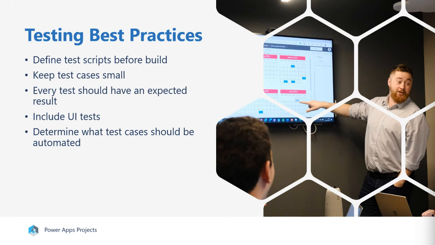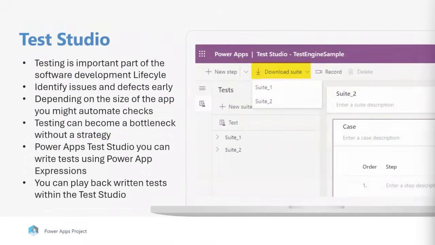Determine what test cases should be automated. So I'm going to come on to talking about automating your tests, your test cases. So you could potentially, especially ones which are going to be very repetitive, things like filling out a form or something like that, you could potentially automate those tests to save your testers time when it comes to actually quality checking the app. Now, to automate tests, we use what's called PowerApps Test Studio.